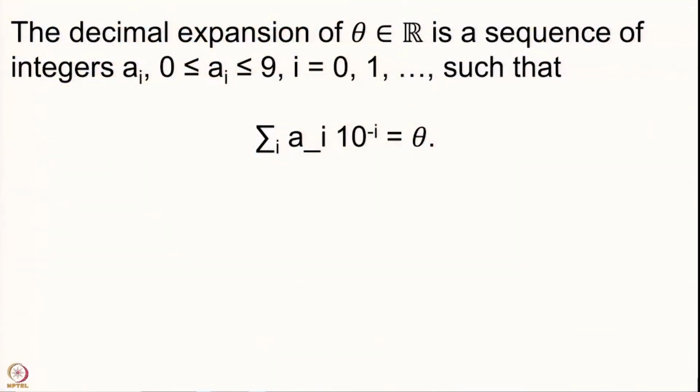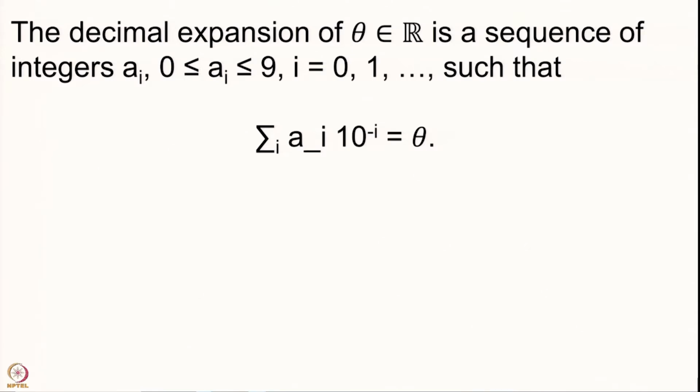So, with these notations, it is easy to describe the decimal expansion, but I will not go into the construction of these. Let me just tell you what we mean by decimal expansion. The decimal expansion of any real number theta is a sequence of integers a_i which are from 0 to 9, with the property that the summation of a_i 10 power minus i is theta.